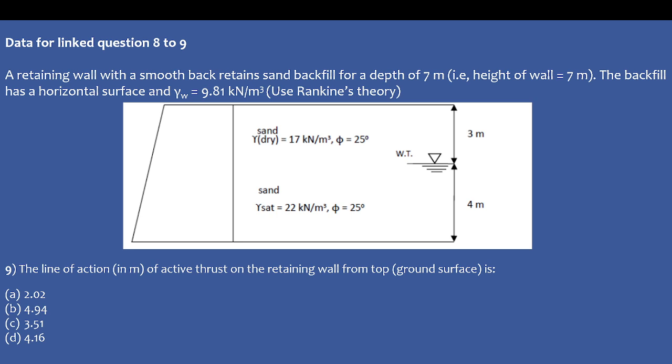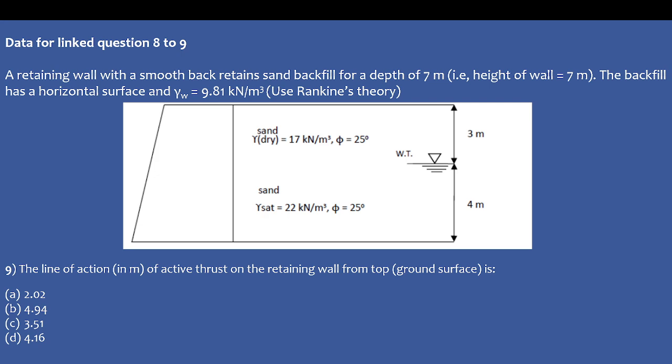Moving to the next question. You have a retaining wall with a smooth back retaining sand backfill, with a height of 7 meter. The backfill has a horizontal surface and a gamma W of 9.81 kN per meter cube. You need to use Rankine theory to evaluate the line of action of active thrust on the retaining wall from the top.